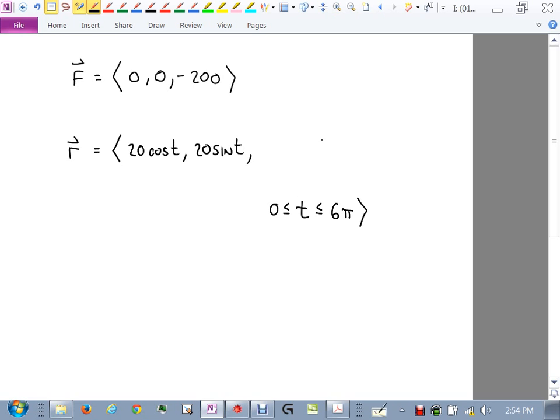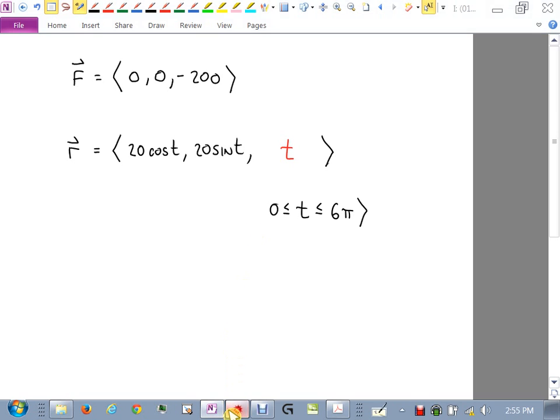I left out the last component of our vector function. That's the part that requires a little bit of thought. You cannot just put t here. Why not? Well, if you just put t there, I do agree it's going to go up as time goes on. But how high are you going to be off the ground at the end of this? 6 pi, right? How high do you need to be off the ground?